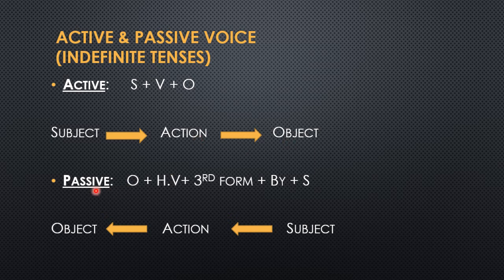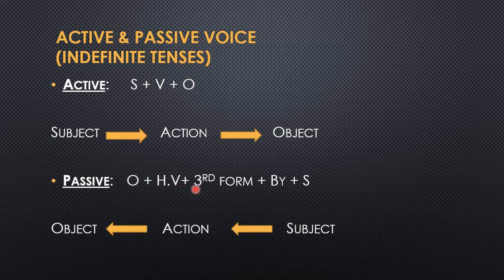And in passive voice, the object is on the place of the subject, plus helping verb, plus third form of verb, plus by, plus subject. Now the object has taken the place of the subject, then verb, the action, and the subject has taken the place of the object. Now it is a flip flop again.